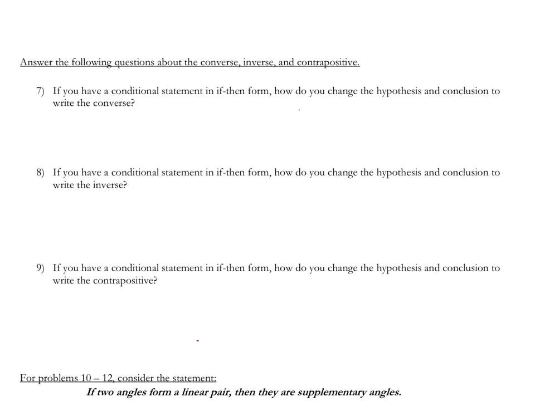So what we're going to do is just conclude what we just talked about. So if you have a conditional statement in if-then form, remember that conditional statements are P, then Q. How do you change the hypothesis and the conclusion to write the converse? You switch them.